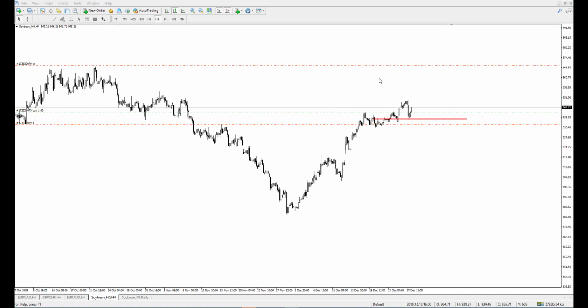So price is moving higher. In this case, price is moving in an uptrend. Therefore, I'll be looking for a divergence as price is going up.